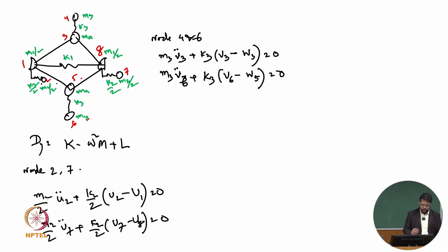Okay, so now you can see these two equations are relating node 2 to 1 and node 7 to 8.